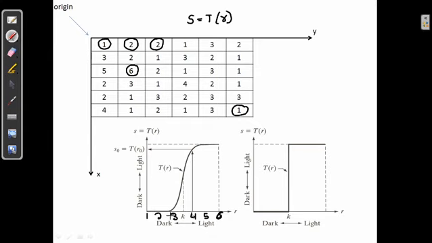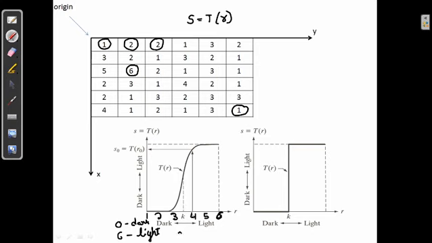Now, as you know, 0 is nothing but dark. The highest value is 6, so this would be light. This would be dark since it is of lowest intensity, and this would be light since it is of highest intensity. Let us fix a threshold over here. We are given some value called k.